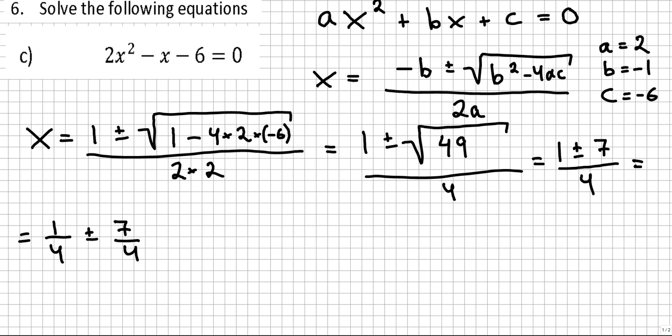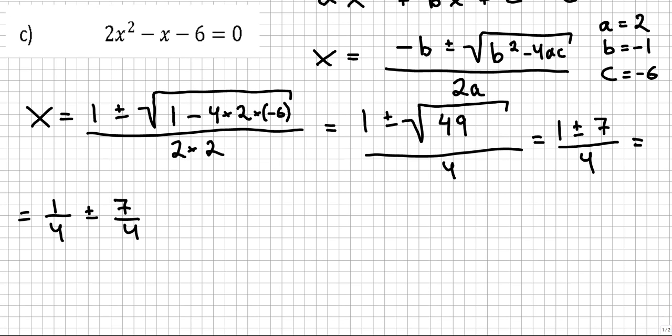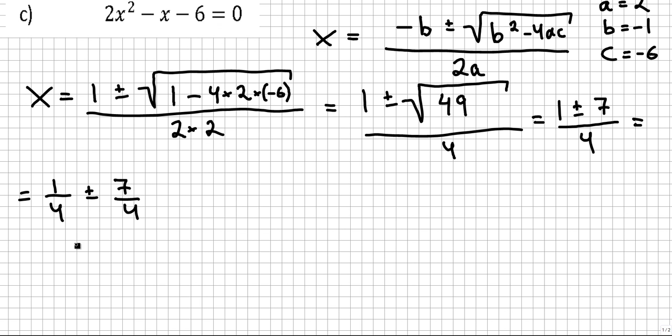Since this is an equation of the second degree, we're going to have two solutions. So we can write the first solution x1, the second solution x2. So x1 is going to be 1 over 4 plus 7 over 4. 1 plus 7, 8 over 4. 8 over 4 we can simplify as 2.